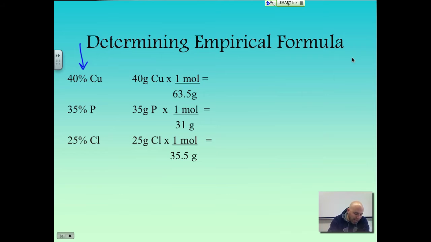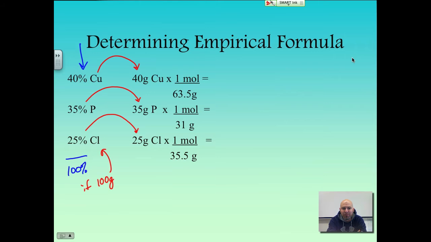Since you have 100%, right? If I had 100 grams of this stuff, then wouldn't I have 40 grams of copper, 35 grams of phosphorus, and 25 grams of chlorine?